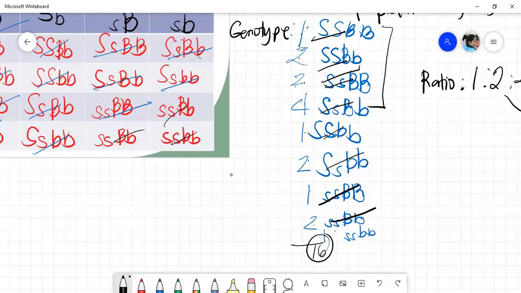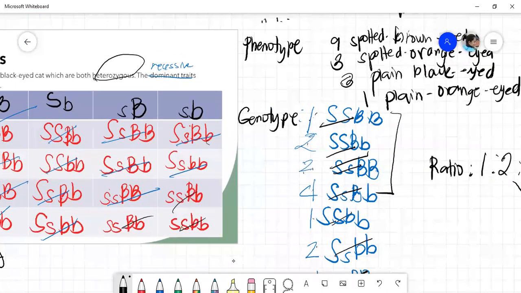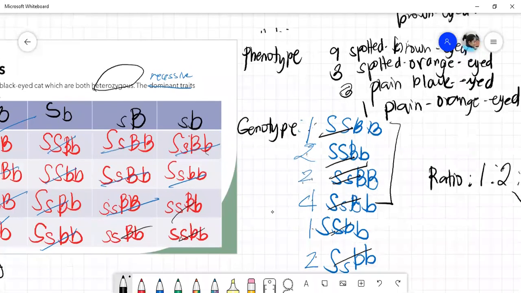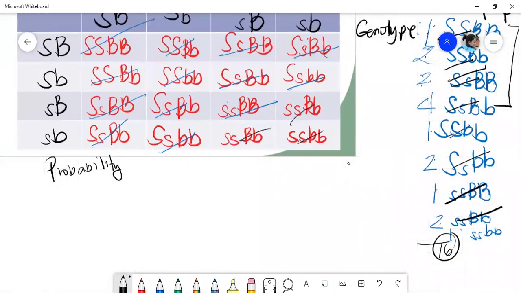Okay? So, your probability. What's the probability of getting 9 spotted brown eyes? If you take that, it's 9 divided by 16 times 100%, that is a total of 56%. Take note, you have to round it off.